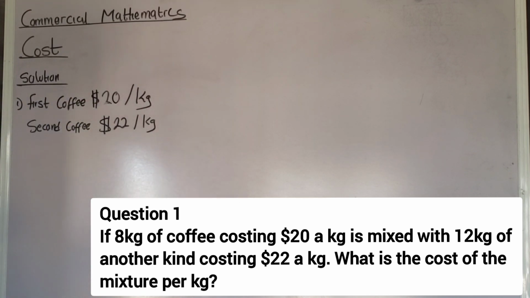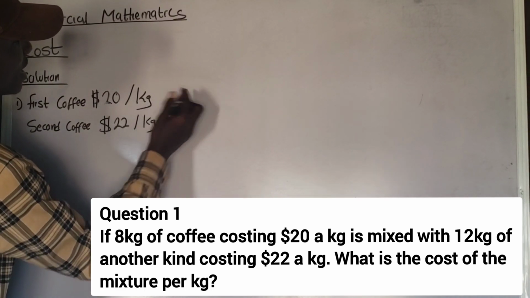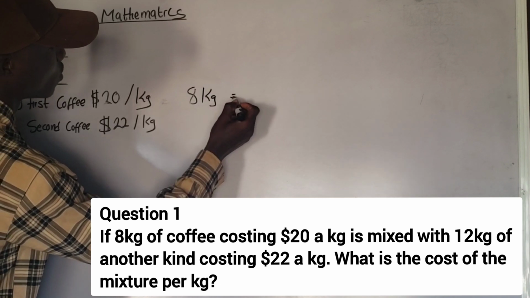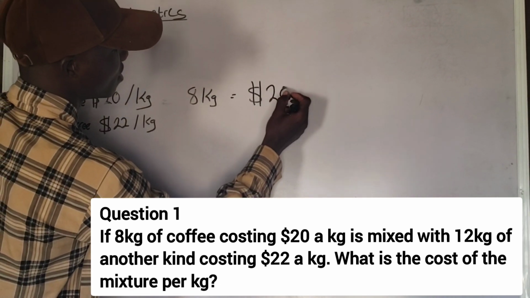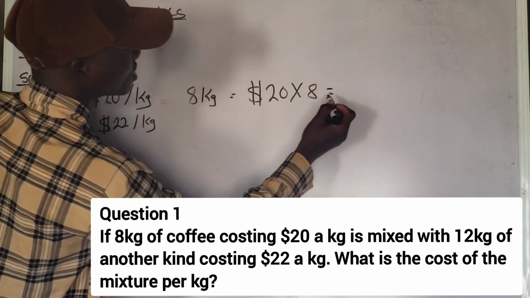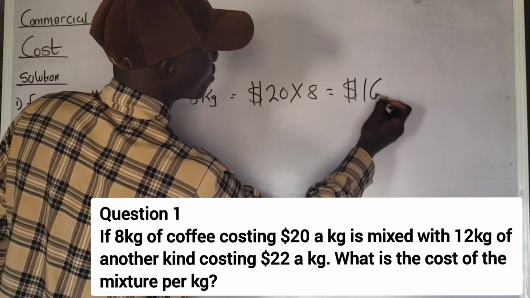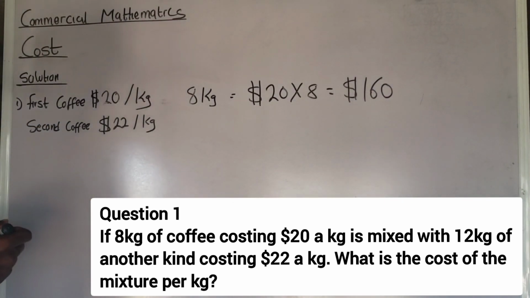So for 8 kg, the cost will be equal to $20 multiplied by 8. That will be $160. That is the cost of the first one. Okay, now let's move to the second coffee.